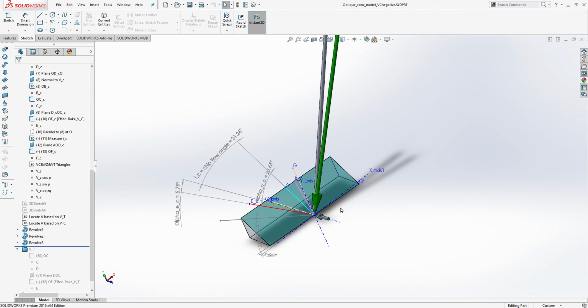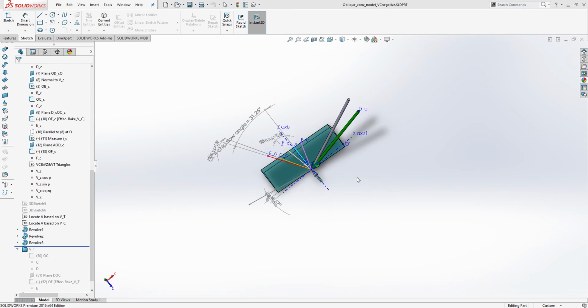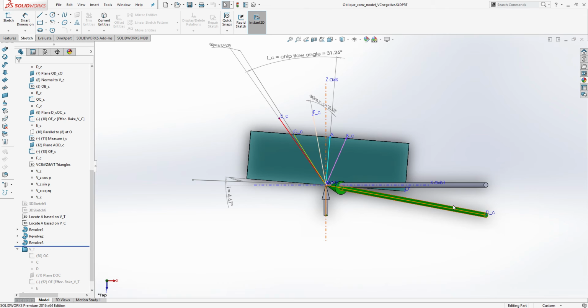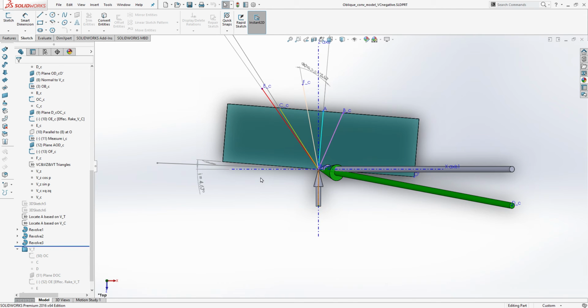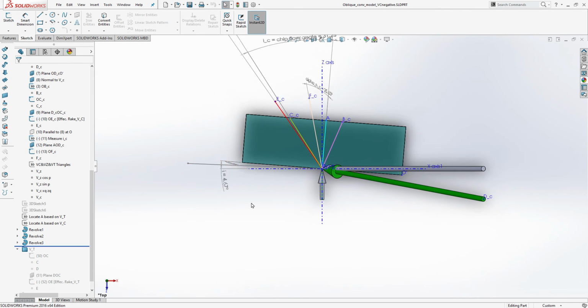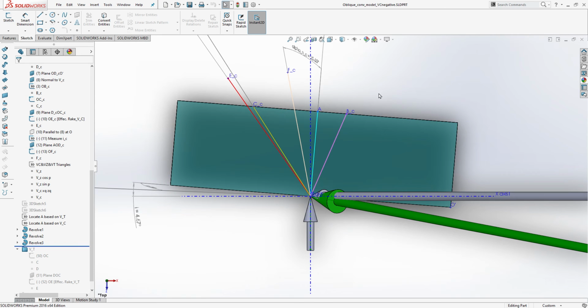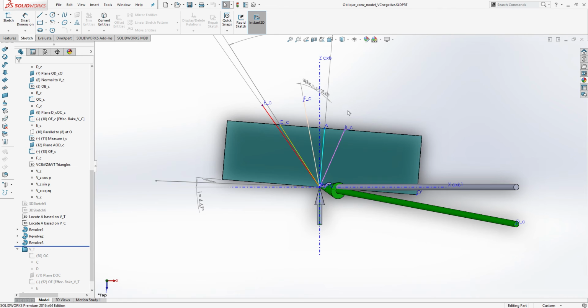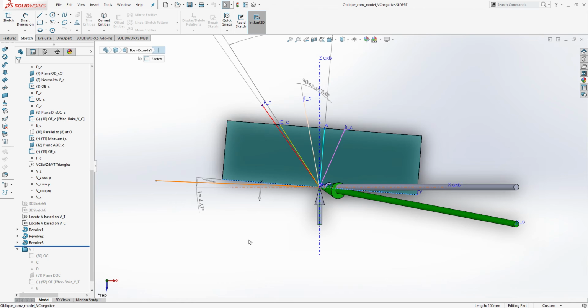And if we take a look from the top, it will look like this. Because it is acting on the same element, the inclination angle will be the same as before, and the OA line will also be the same, because OA should lie on the rake face and also be perpendicular to the cutting edge.